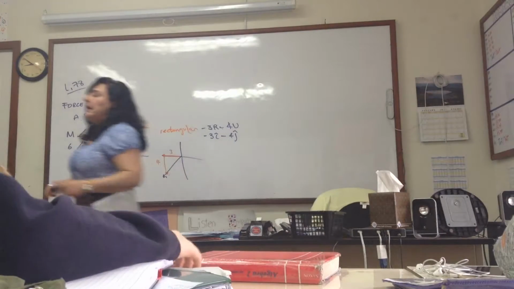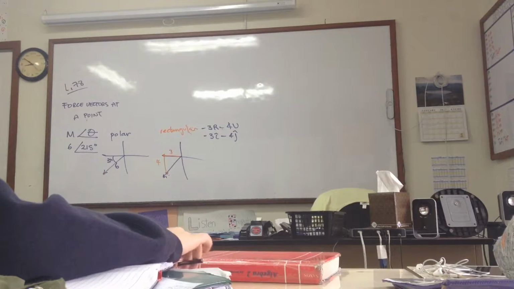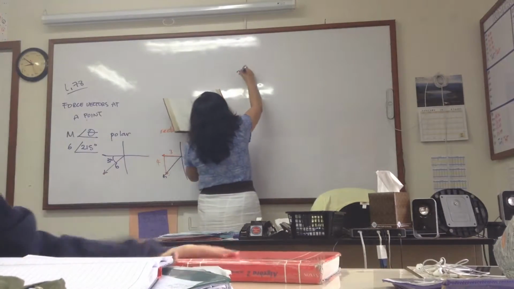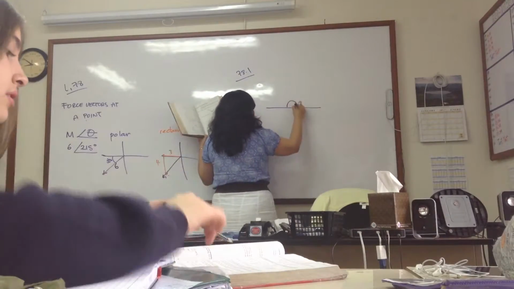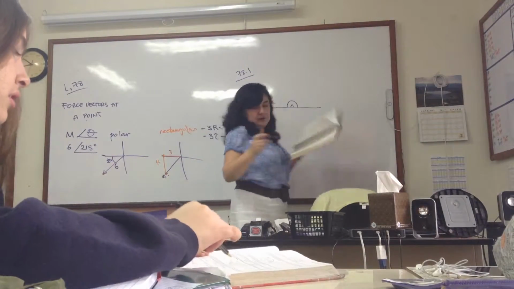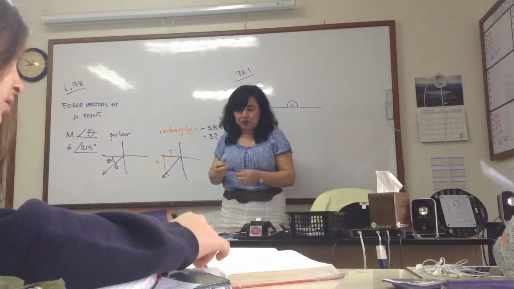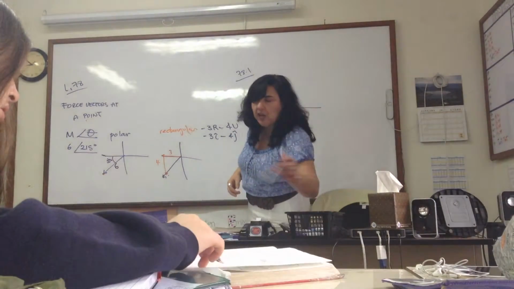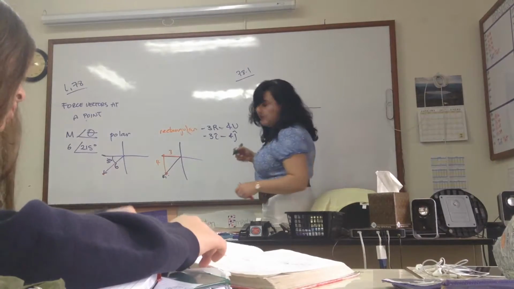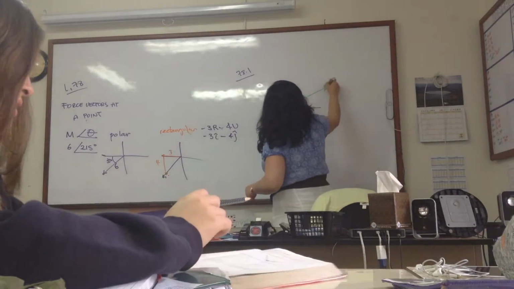So how are we going to do it here? They're going to tell you the following. Look at example 78.1. Two ropes are attached to a point and pull in the directions and magnitudes shown. What is the resultant force on the point? Okay, so there's two ropes pulling on the same point. I'm going to draw them in two different colors so that it's easy to see. This rope is pulling this way.